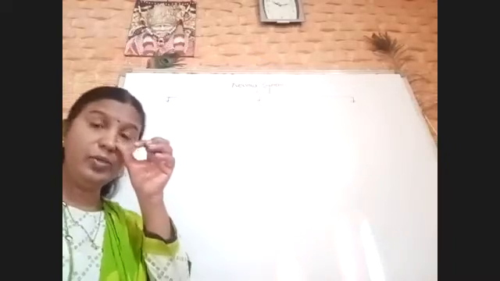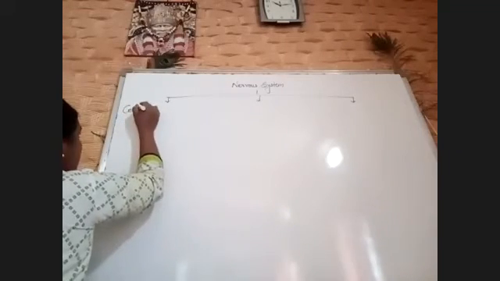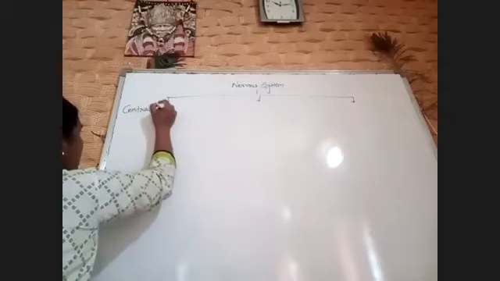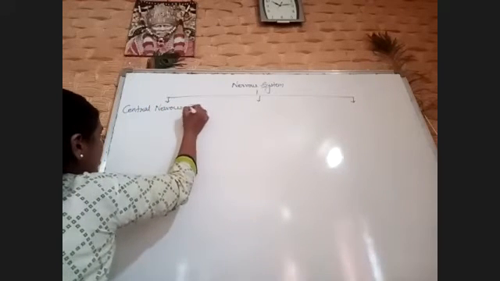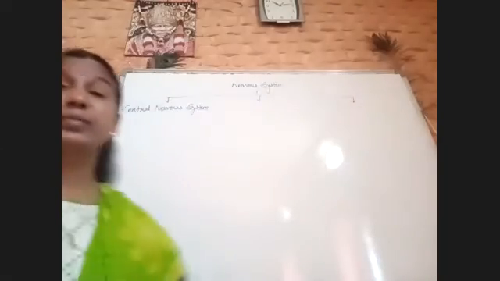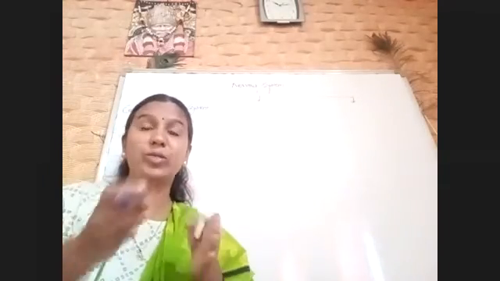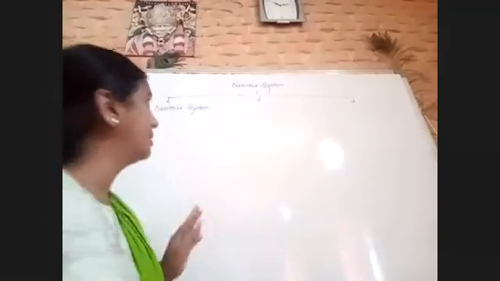Nervous system is classified into 3 parts. One is central nervous system. The central nervous system is situated centrally in our body. हमारे बॉडी में सेंटर में जो है तो ये प्रेजेंट है.